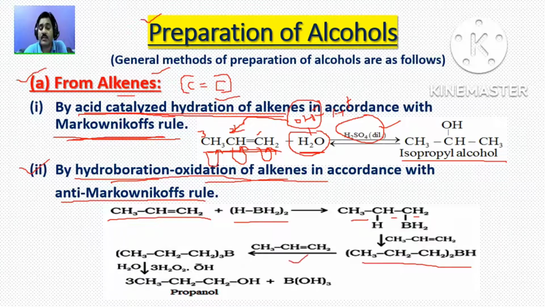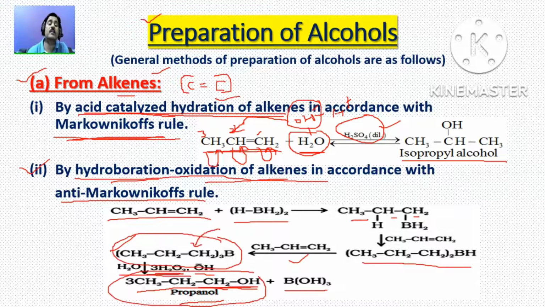When further propene is provided, it changes into (CH3CH2CH2)3B. Again, in the presence of water and hydrogen peroxide, in the presence of OH ions, it finally converts into propanol, and boron hydroxide will be there. So in propanol, the OH group is attached to that carbon atom which has more hydrogen atoms.